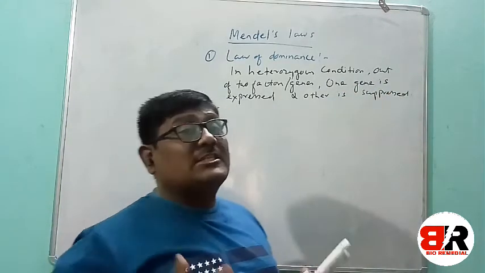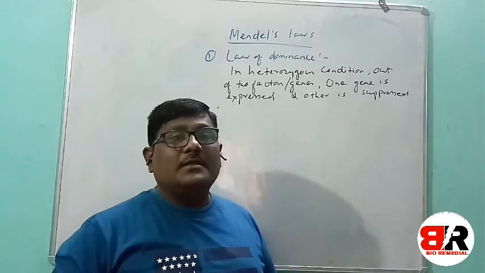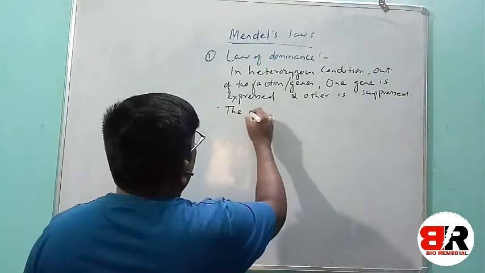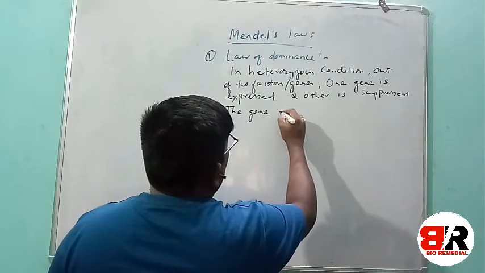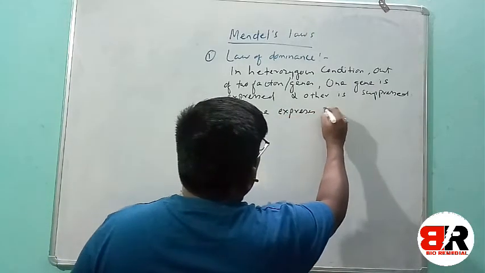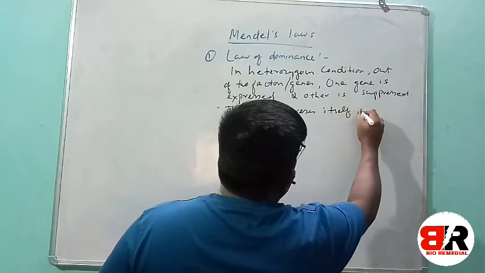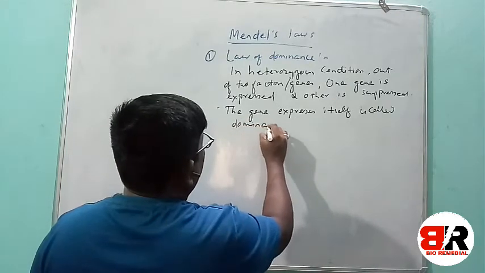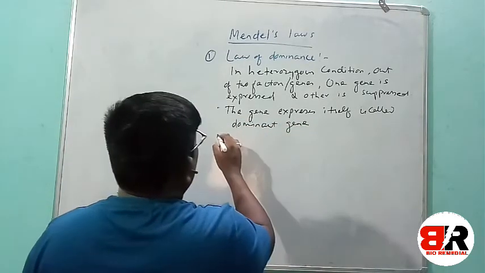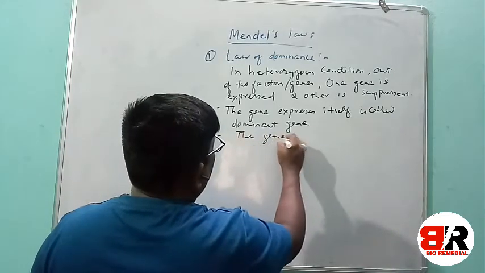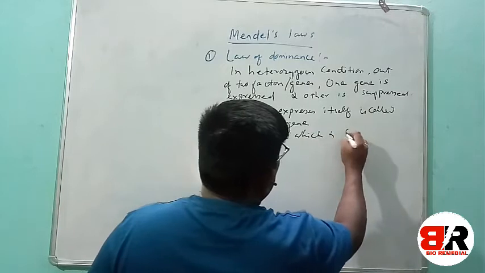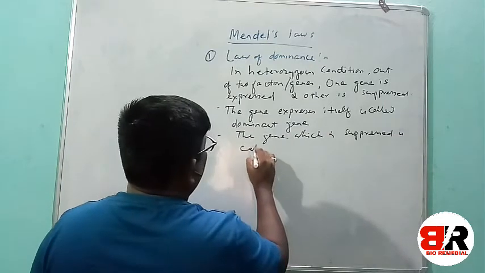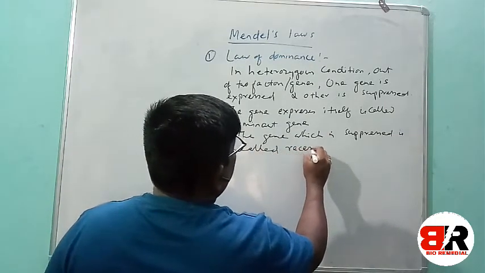Students, the gene which is expressed is called the dominant gene, and the gene which is suppressed is called the recessive gene.